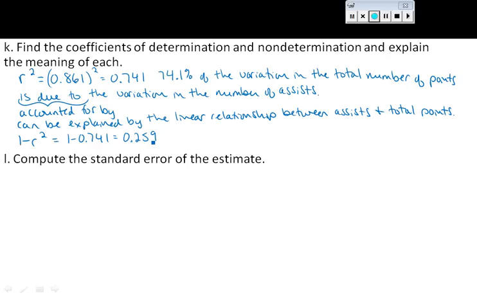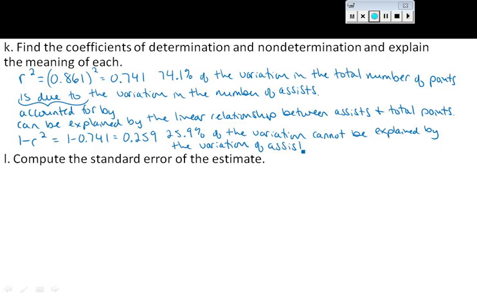The explanation for this one, again, we want to write it as a percent. 25.9% of the variation cannot be explained by the variation of assists. Or in other words, 25.9% of our variation is simply due to chance.